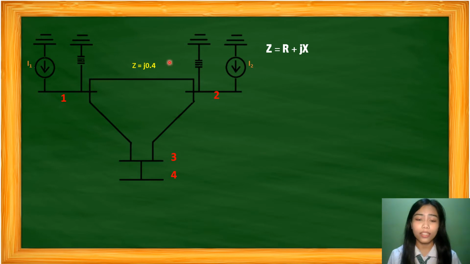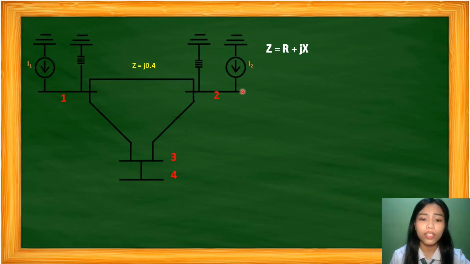We all know that impedance is expressed by Z, where Z is equal to R plus jX. As we can see from the example, there's no resistive component here. It's all reactive component, so let's keep in mind that this is just an example.